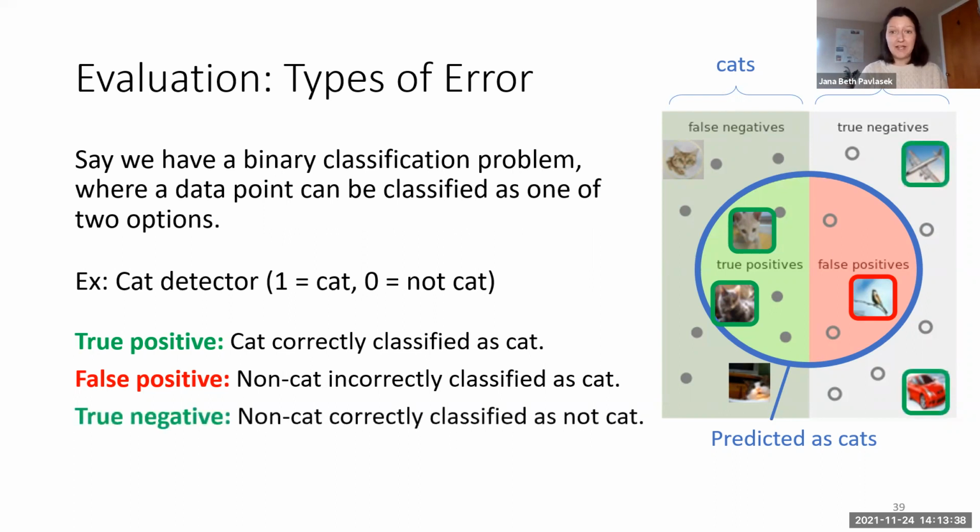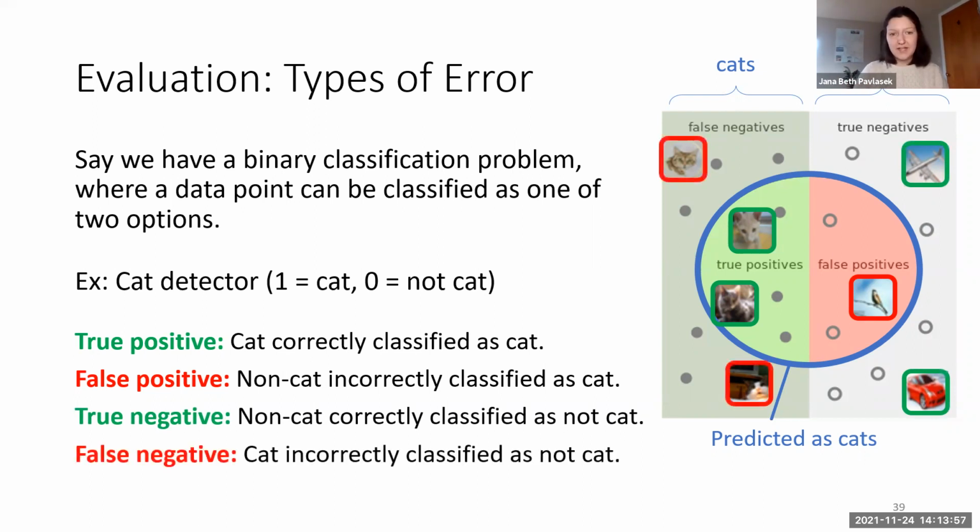A true negative is our other type of correct guess. These are images that are not cats, and we said they weren't cats, so we were right again. Those also contribute to our number of correct predictions in our accuracy measure. And then we have our false negatives, which are cats, but we missed them.